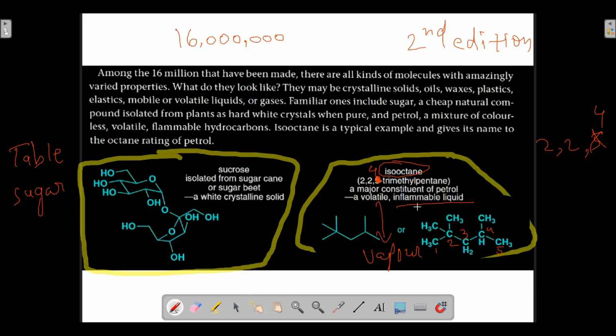Inflammable means it can catch fire easily. So these are the properties of iso-octane. This is the IUPAC name, it is a major constituent of petrol, it is volatile, that is it readily converts into vapor, and it is an inflammable liquid, that is it catches fire easily.